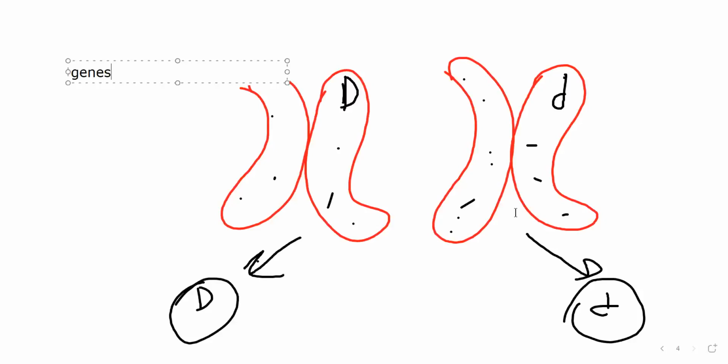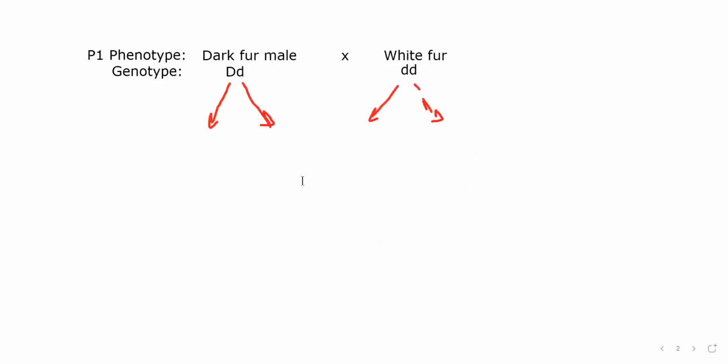So that's what will be happening here. Our alleles will be separating to end into different gametes. So I'm going to have it here and here. Those are the alleles separating.